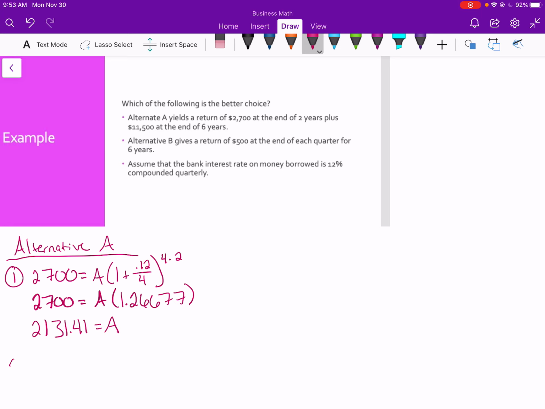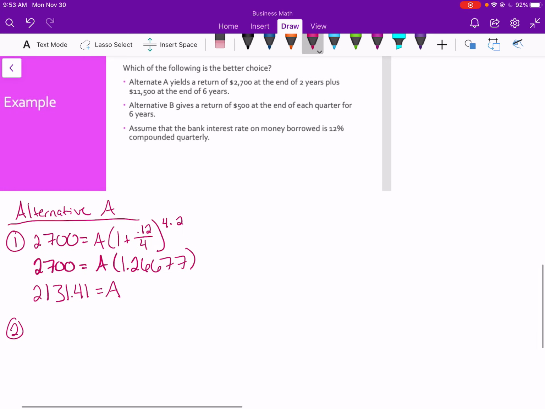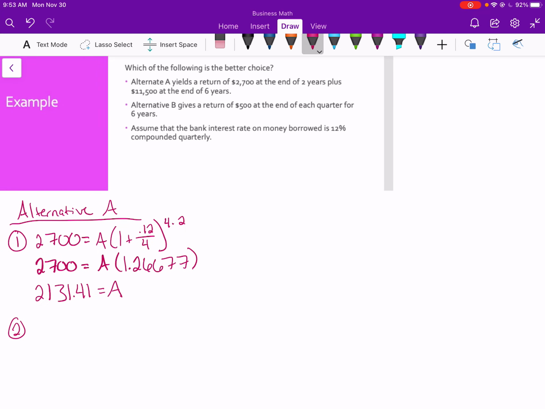Then we look at part 2. All right, part 2, we end up with $11,500. We don't know our starting value. 1 plus 0.12 over 4 to the 4 times 6 because it's after 6 years. So 11,500 is equal to A times 2.03279.